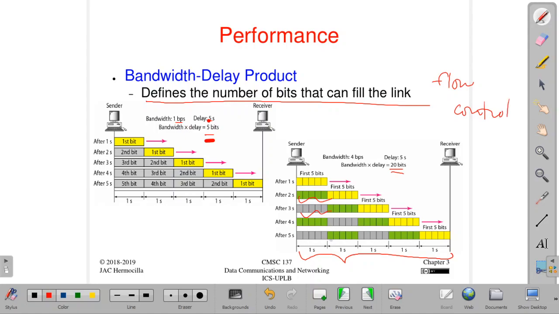In the idea of flow control, we should make sure that there are bits traveling on the link. We will discuss more of this later, but flow control is very important to make efficient utilization of a link. Now, this is just the formula, so it defines the number of bits that can fill the link. Here you can have 5 bits, here you have 20 bits.